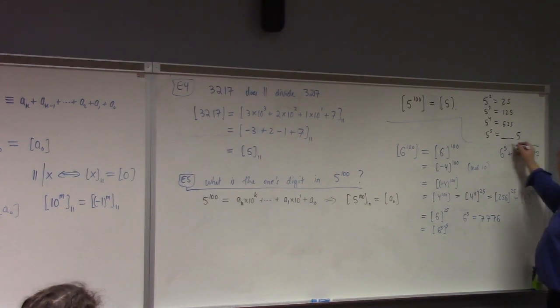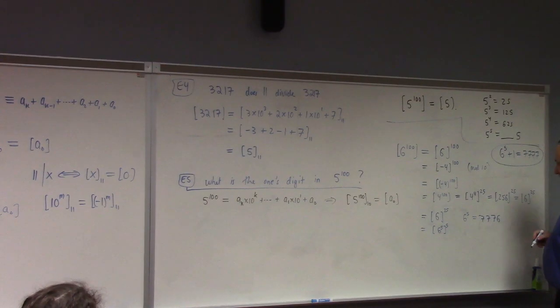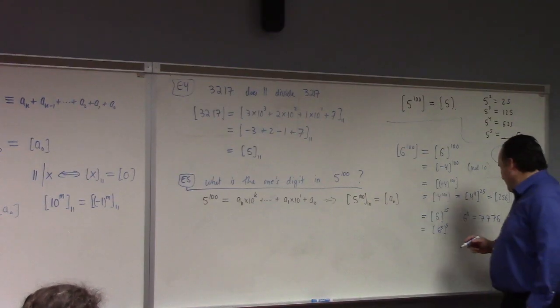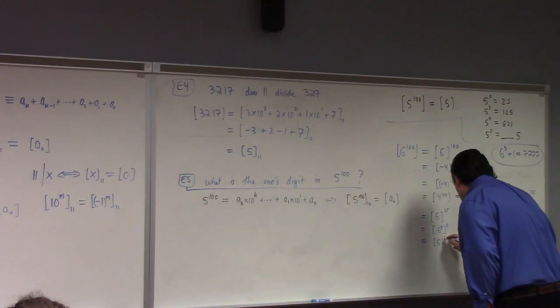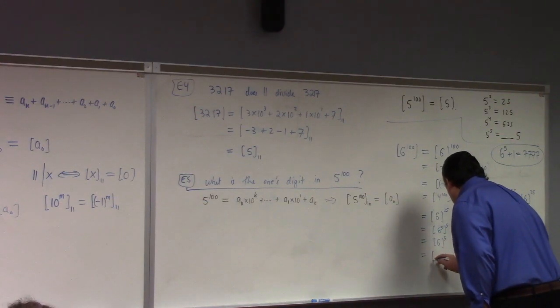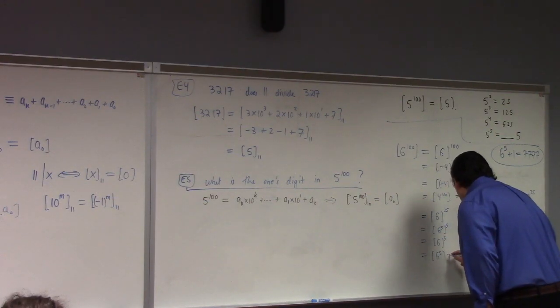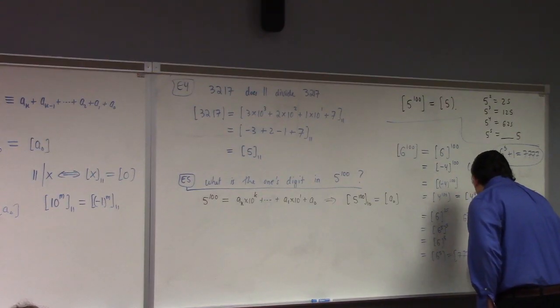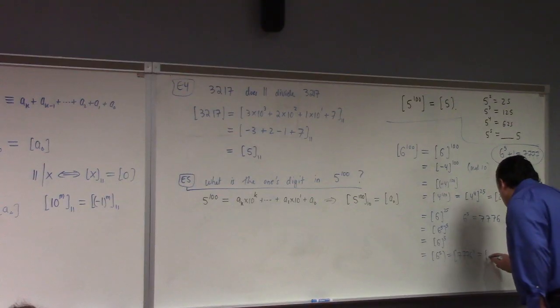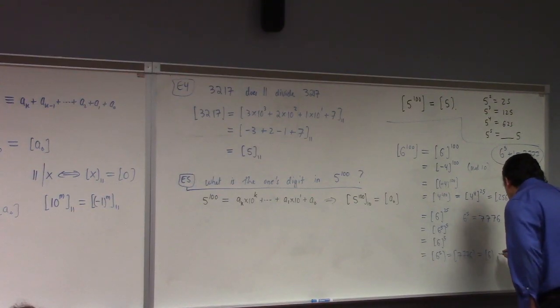I like this. I'm going to remember that. Thank you. So this is actually 6 to the 5th, which is 7776, which is 6. So the answer is 6 is the 1's digit.